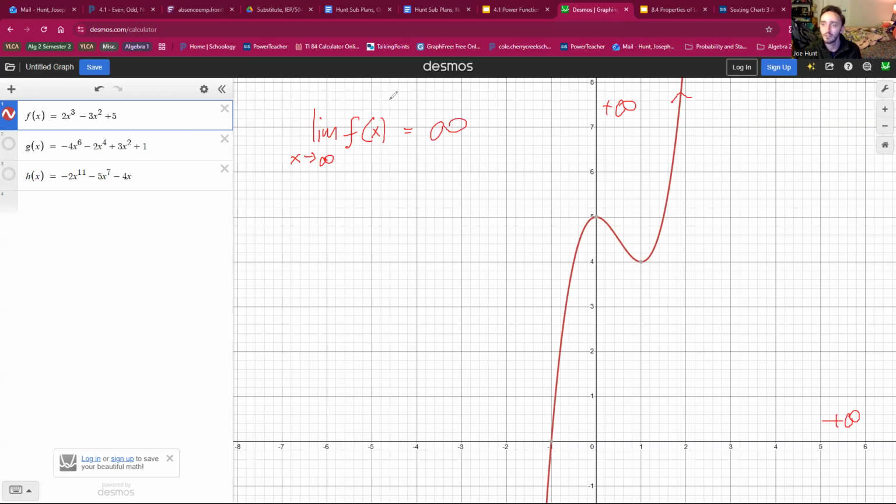The limit of f of x as x approaches infinity is infinity. I'll do something similar in the negative x direction as I go way to the left: I notice that I go down forever towards negative infinity. And I've got my end behavior.